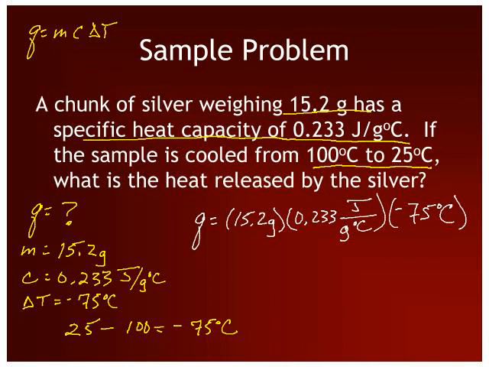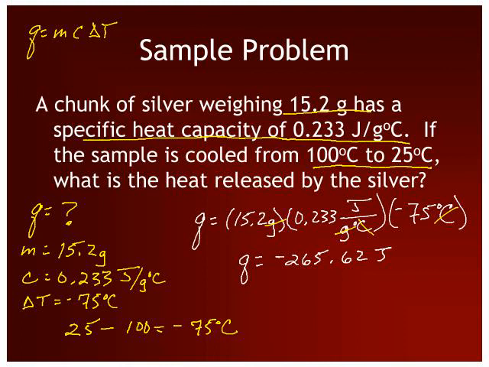Okay, so negative 75 degrees Celsius. You multiply all those numbers together, and what you get is Q is equal to negative 265.62 joules. Because if you look, grams gets to cancel out and Celsius gets to cancel out. So I'm just left with Q, which is in joules.